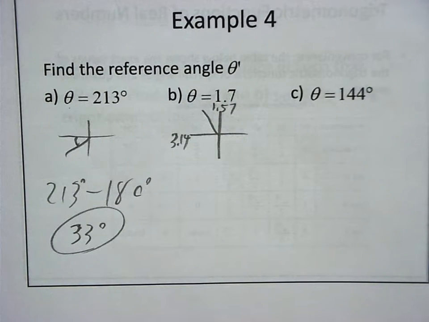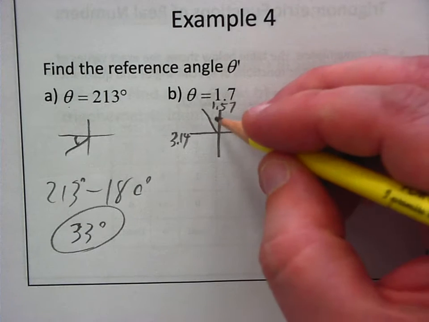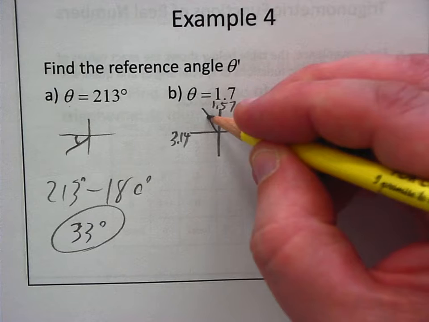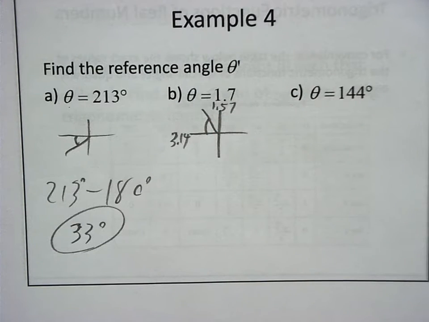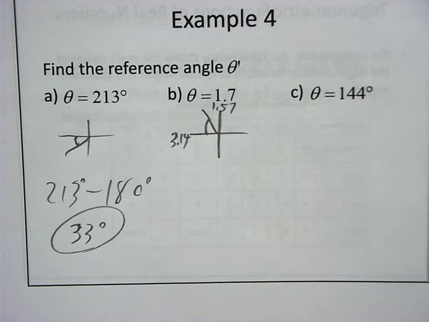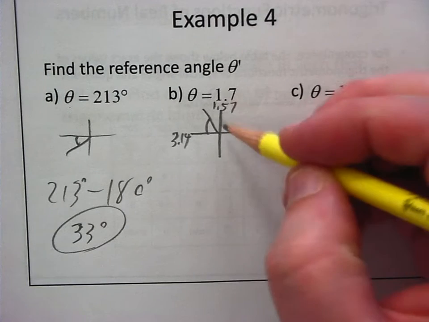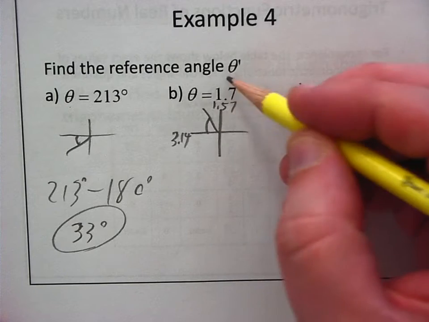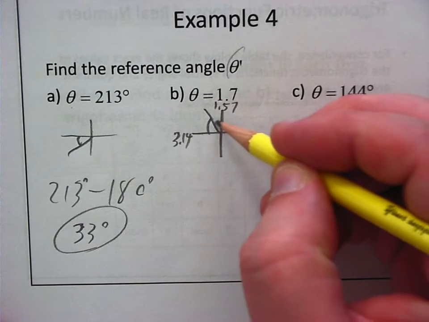Because we're in the second quadrant, I want the reference angle. Make sure you do not take it to the y-axis. It always drops or rises to the x-axis. What would I do to find that value? Yeah, the theta value they're giving you is the measure from here to here.